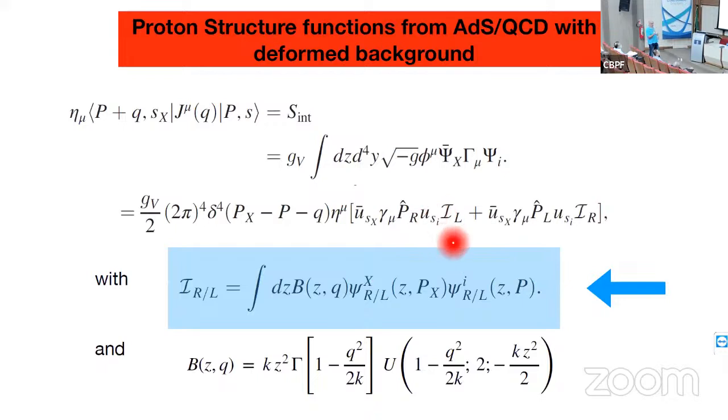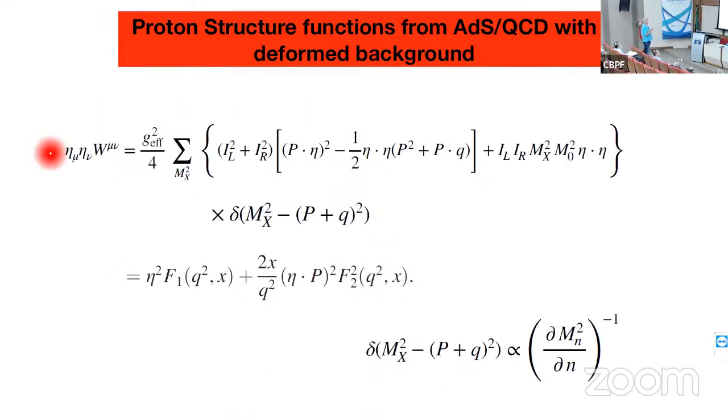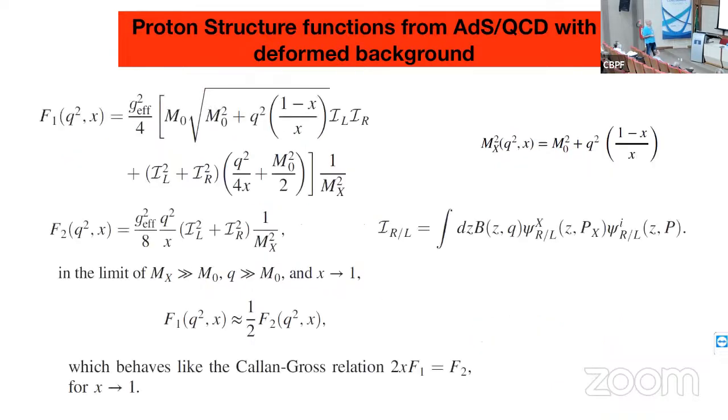And then we can go to the hadronic tensor. We need some adjustment with some effective coupling here. So these are the I's, L and R, the integrals I just mentioned. I'm going to skip some details.